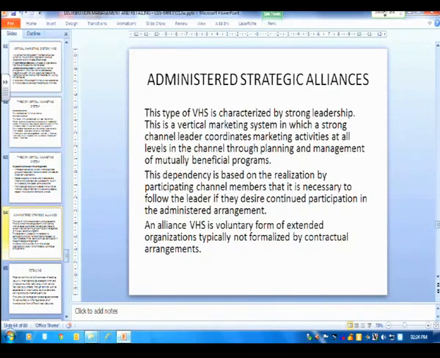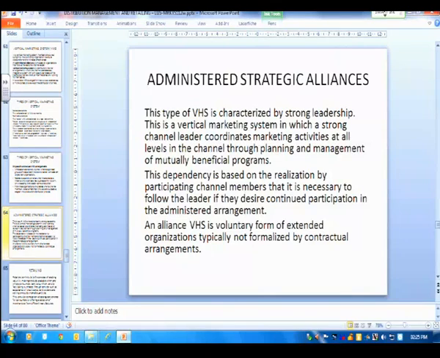This dependency is based on the realization by participating channel members that it is necessary to follow the leader if they desire continued participation in the administered arrangement.